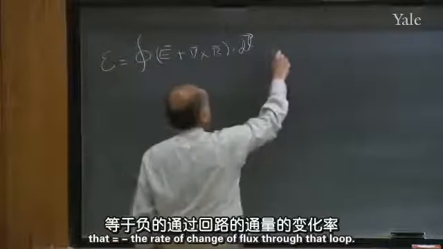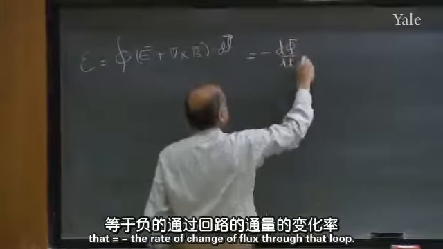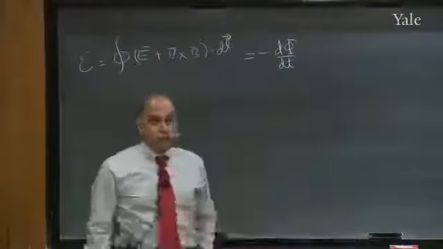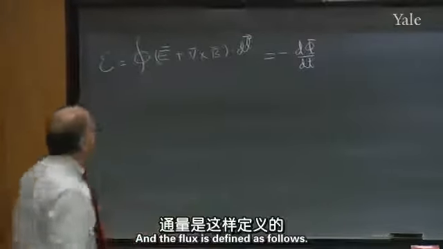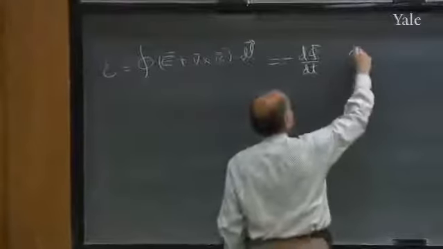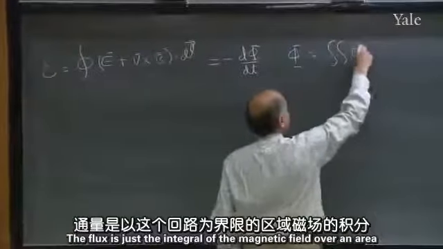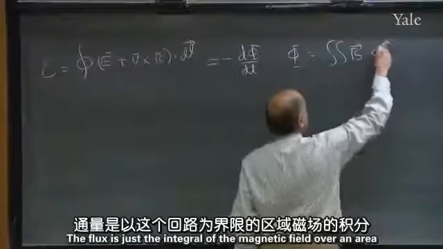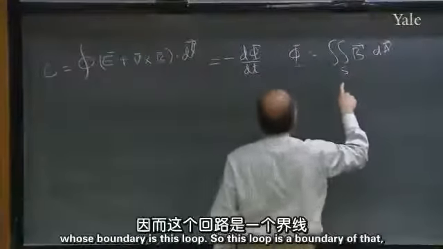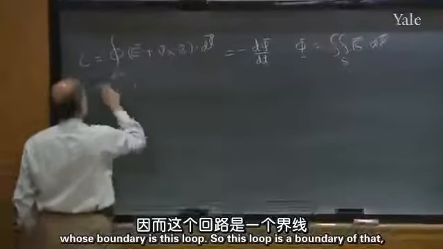That is equal to minus the rate of change of flux through that loop. And the flux is defined as follows. The flux is just the integral of the magnetic field over an area whose boundary is this loop. So this loop is the boundary of that.